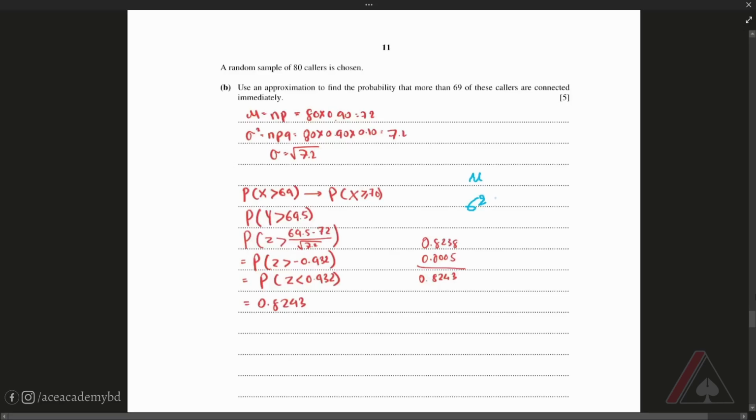We can find the variance using the formula npq. For the binomial distribution, this is the formula for variance, and this is the formula for mean. So we place n equals 80, and p is the probability of successful connections. So we find the mean.